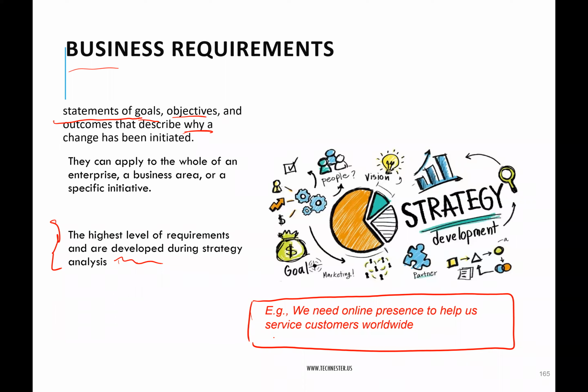Imagine in your business need, you would have said something like, this particular problem is affecting our business, and then you say a solution will be improvement in our reach. So you have now refined that solution to improve our reach. What we need is improved or increased online presence to better service our customers worldwide. So from that goal and objective, you have further refined and clarified it to come up with a business requirement.